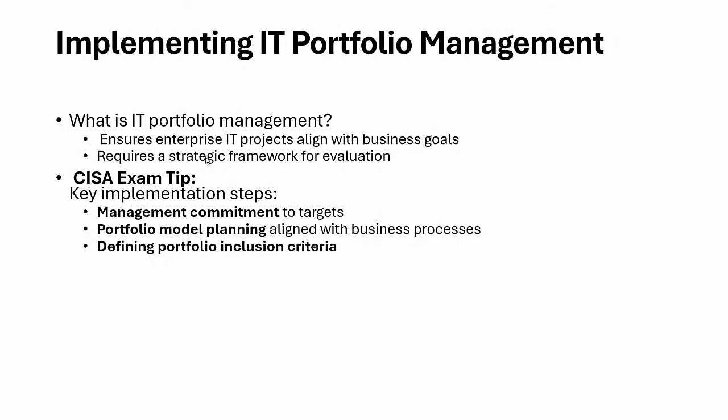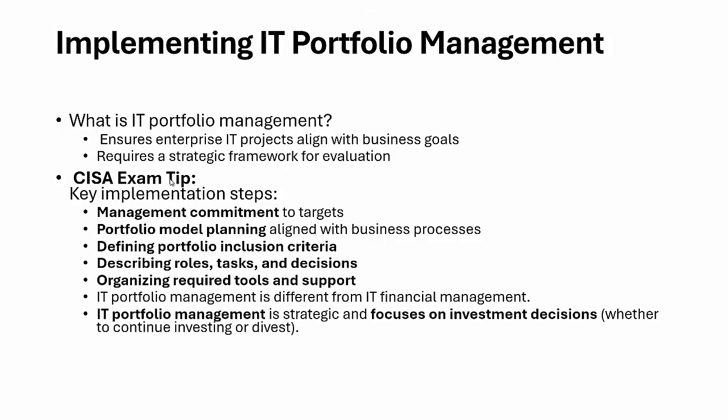Maybe a project coming in January can be moved to February, and an August project we can do first. By portfolio, we can manage that. We have to define the criteria for what needs to be executed first. We also need to describe the roles, tasks, and decisions, and organizations also require tools and support for those decisions. IT portfolio is different from IT financial management because IT portfolio is strategic and focuses on investment decisions. Based on that, we can involve IT financial management to plan things effectively.